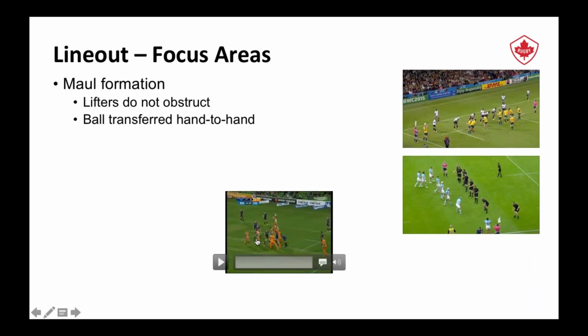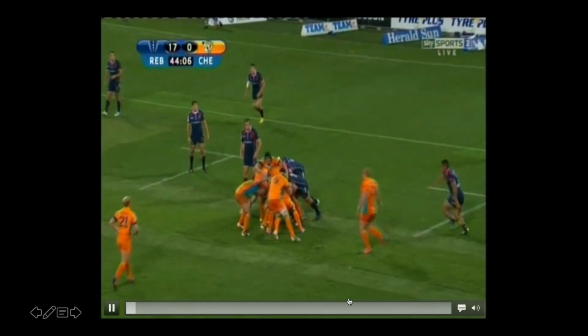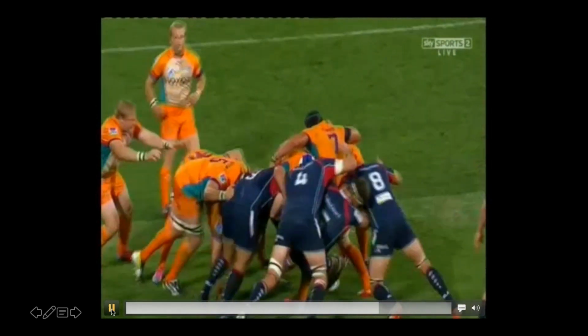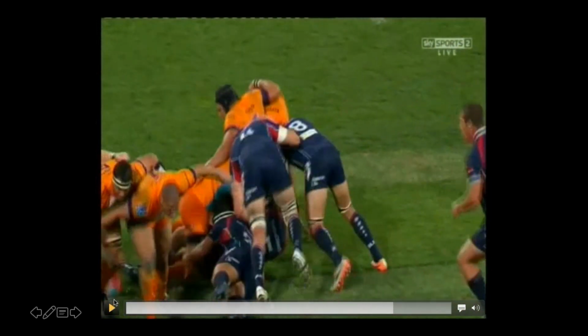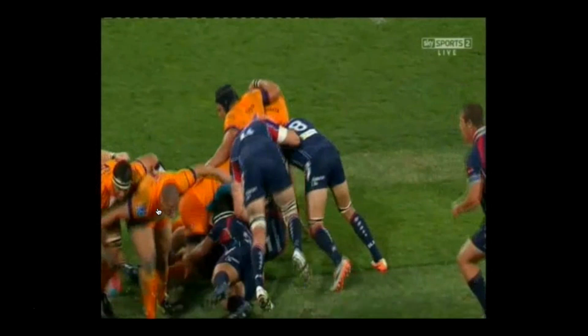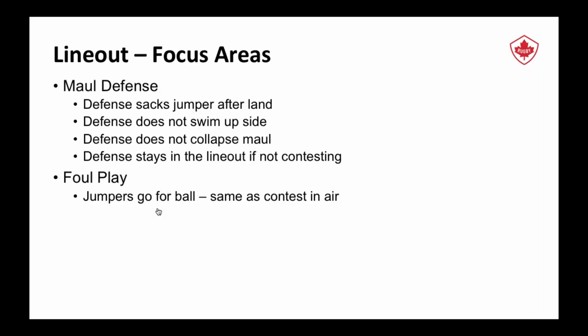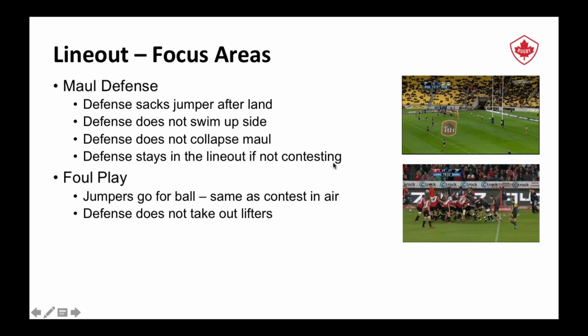My apologies, sorry, 6 and 1, I believe it is, who end up deliberately moving away from the maul, and the ball's still at the back, right? So that would be obstruction. It's just another picture we need to be aware of. If that play is going to deliberately move away from the maul, we need to see the ball at the front of there. Okay, sorry, back to the defense.